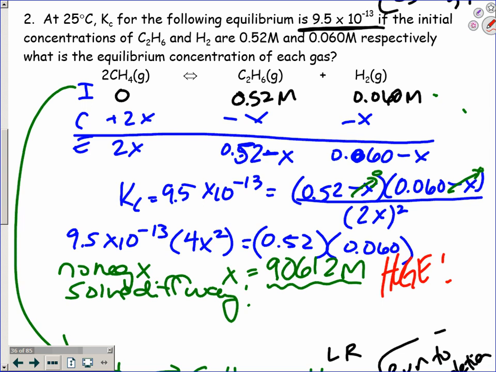We cannot neglect this x. This was incorrect. Plus, it was huge, which meant I was subtracting a whole lot of products and making a whole lot of reactants. Therefore, I would have to run through the math again using the quadratic. Since we're using the quadratic, we're probably not in the right place. So simply by comparing that Kc is small and we have all products, I assumed this reaction would have to go to completion before I could find equilibrium.